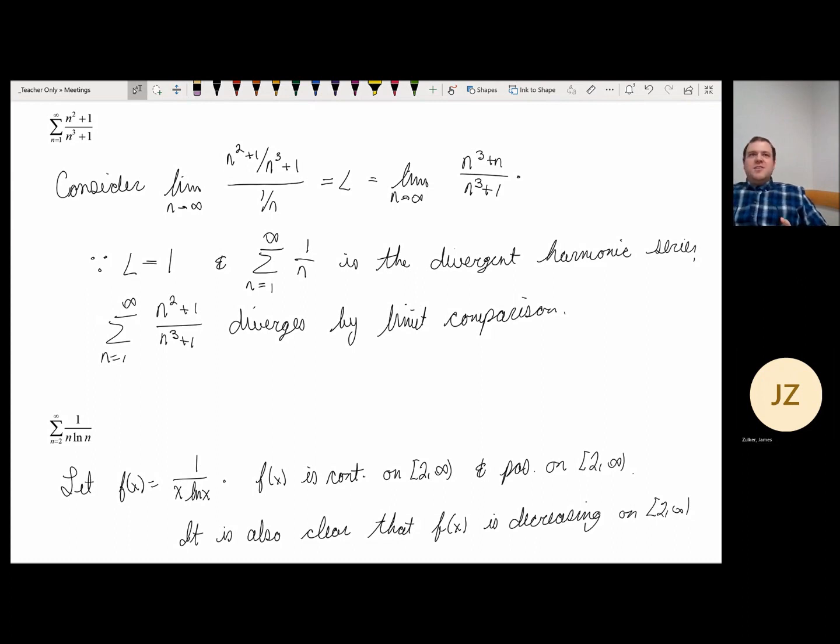So n squared plus 1 is kind of just like n squared, isn't it? That n cubed plus 1, kind of like that n cubed, isn't it? Well, it's n squared over n cubed. So for very large n, it behaves as 1 over n. Yes, because n's approaching infinity. So n is very large. That's why you're allowed to do that. Clearly not true for small n. But for very large n, it behaves as 1 over n.